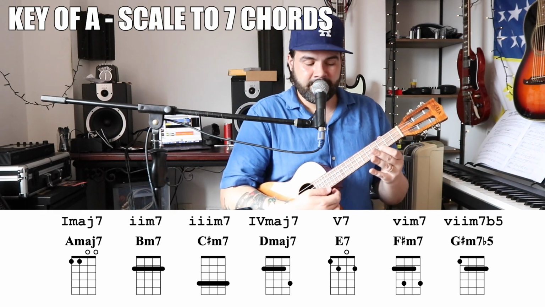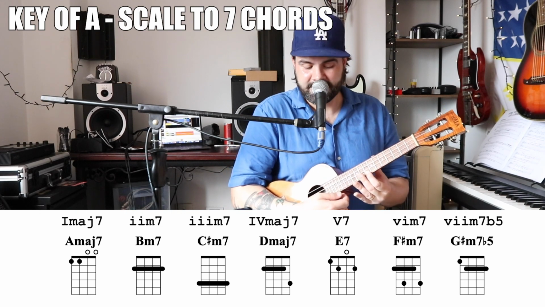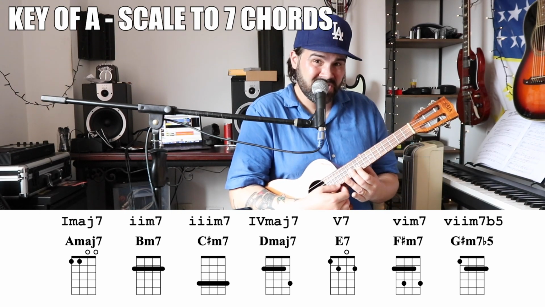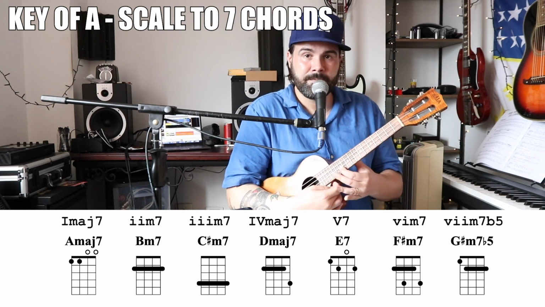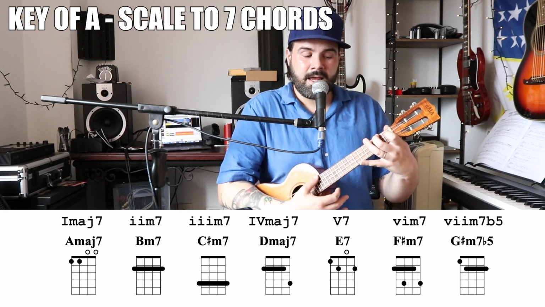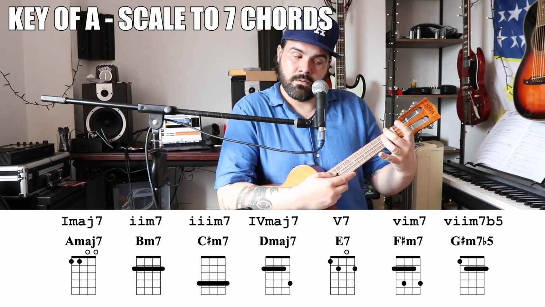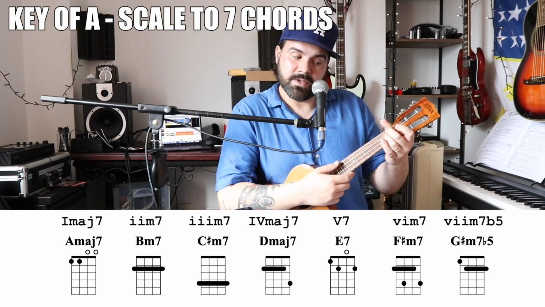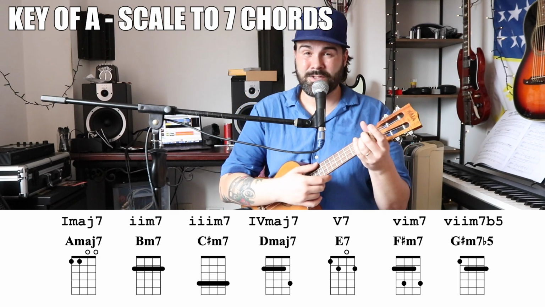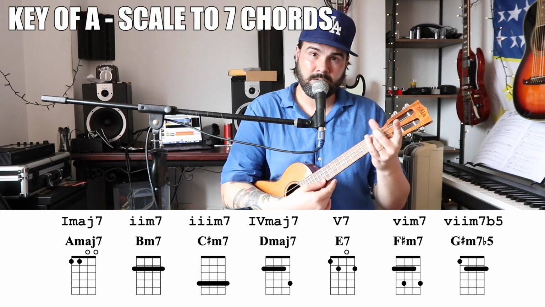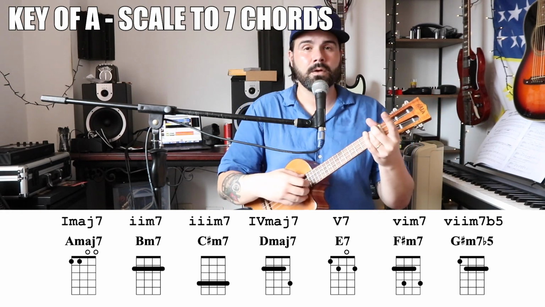Flat 2nd, 2nd, flat 3rd, 3rd, 4th, flat 5th, 5th, flat 6th, 6th, flat 7th, 7th, G sharp, back to A. So we take an A chord, and if we just put a G sharp in it, 1 note down from this A note, we have an A major 7. 1 1 0 0. Beautiful chord.